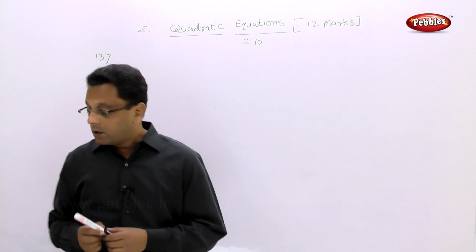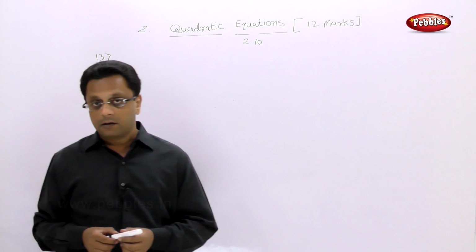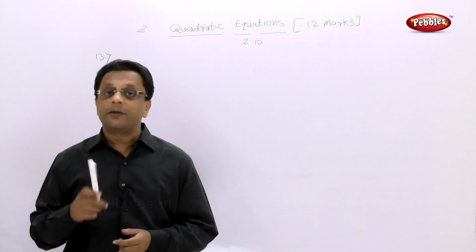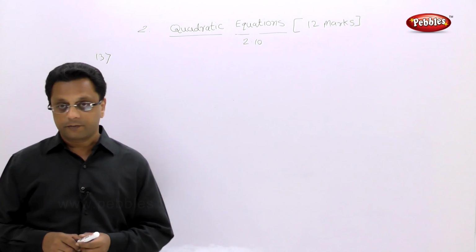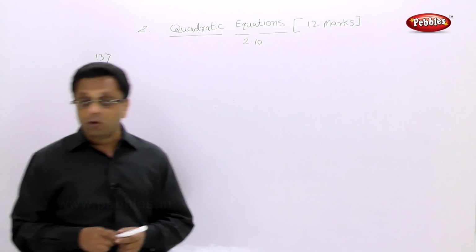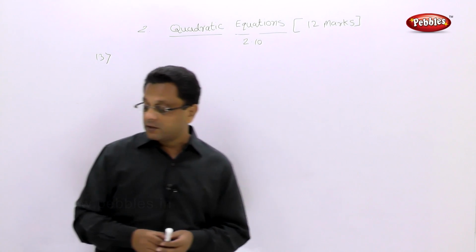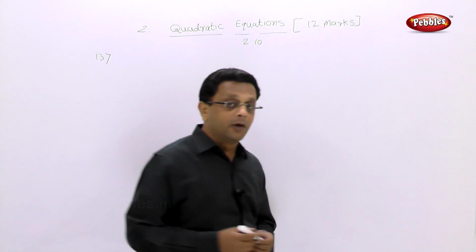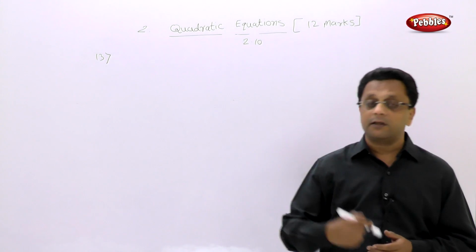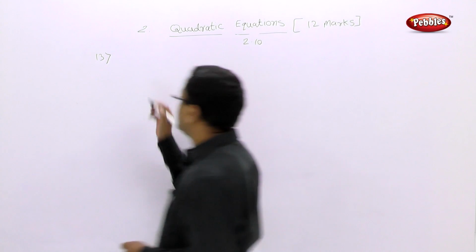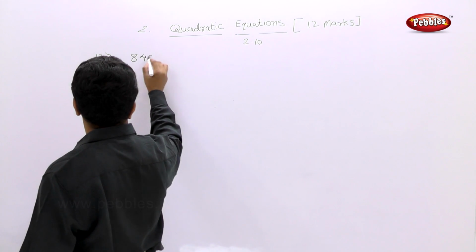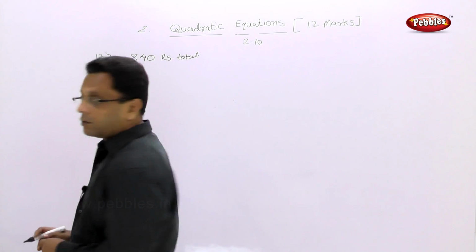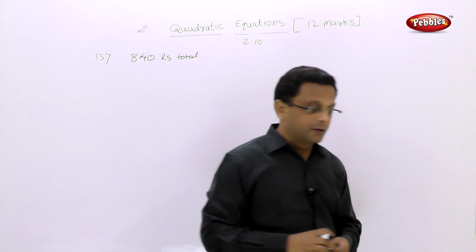If the cost of bananas is increased by rupees 1 per dozen, one can get 2 dozen less for rupees 840. That means how many rupees you have in your hand to buy bananas? 840 rupees you have. You have total 840 rupees.